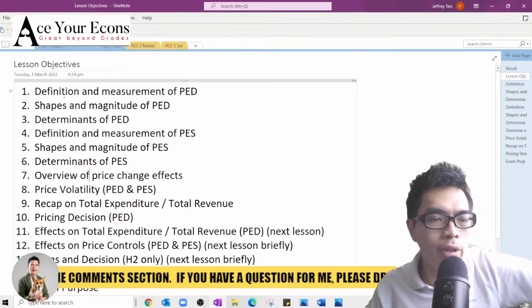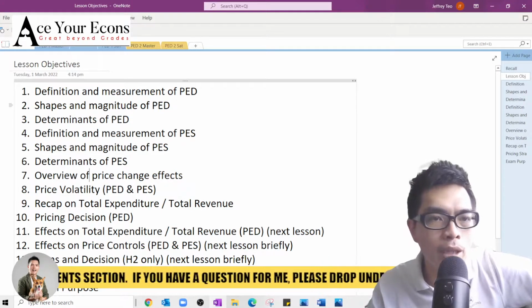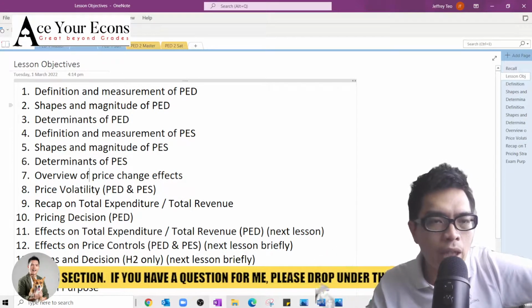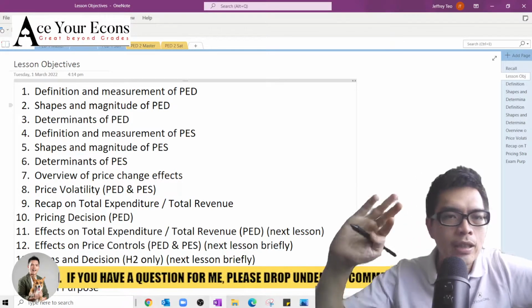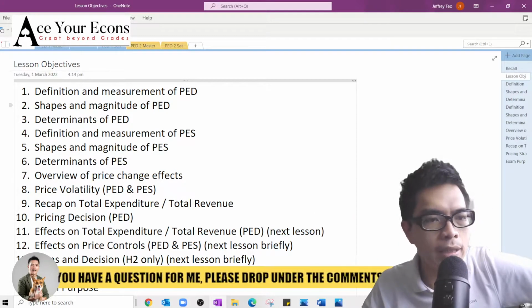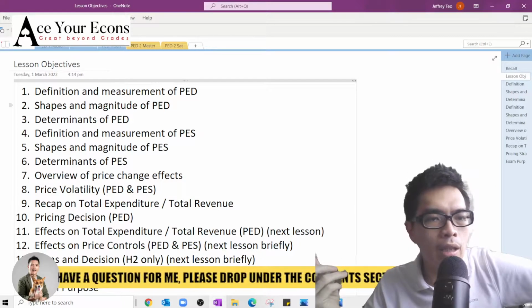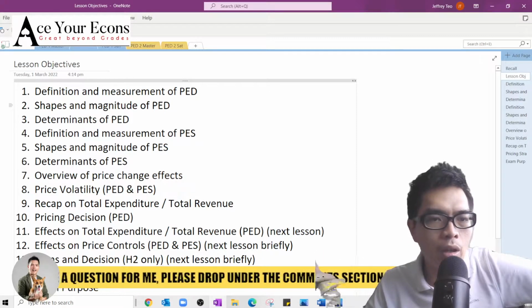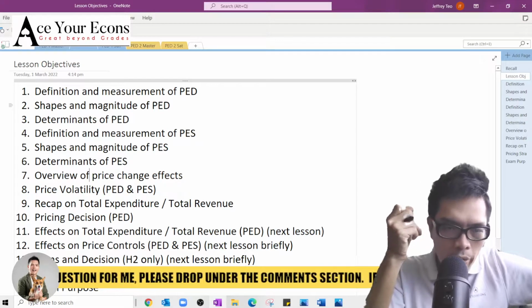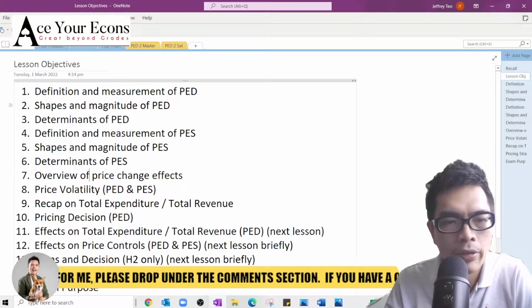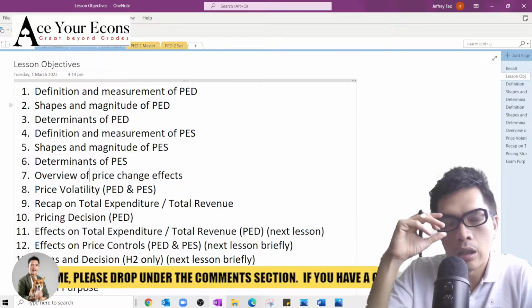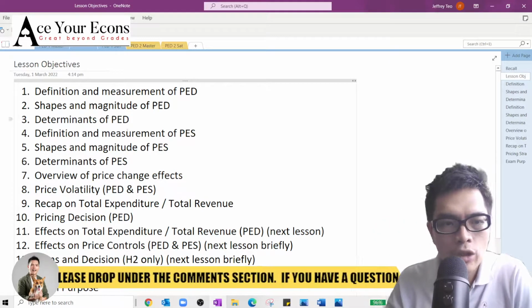Okay, so let's do a recap on item 1 to 10. So we have definition and measurement of PED, shapes and magnitude of PED, determinants of PED. Items 4, 5, 6 is the reverse of PED, which is PES. We'll be looking at a comparison when we put PED and PES together, both elastic and inelastic, to see what are the effects on quantity when there's a price change.